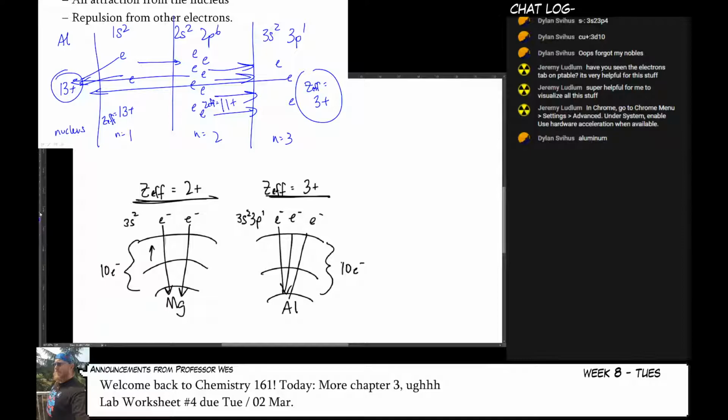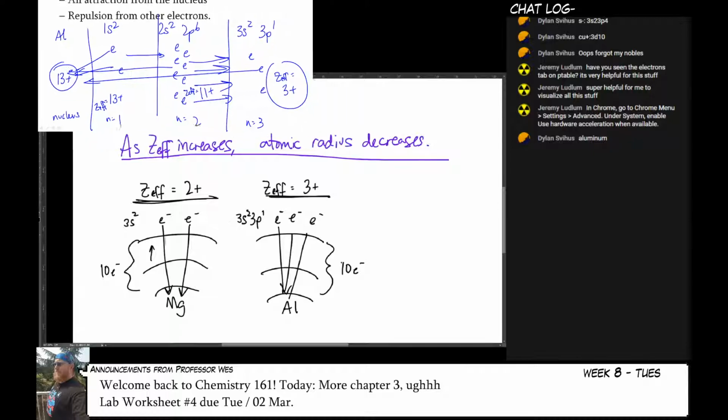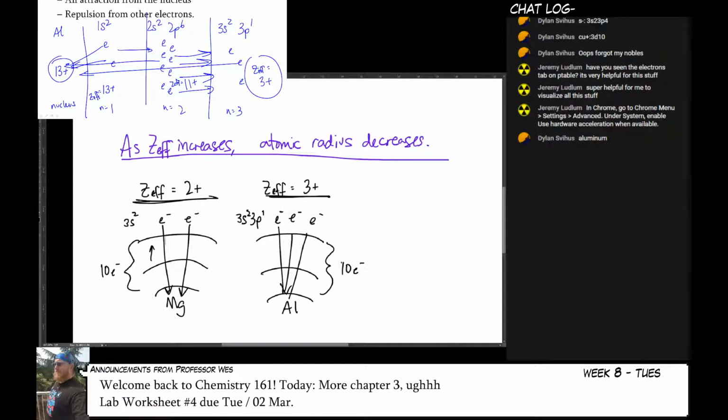And so the takeaway that we get here is, as Z effective increases, atomic radius decreases. There you go. Can't even see it because it's hidden behind my picture. There you go.